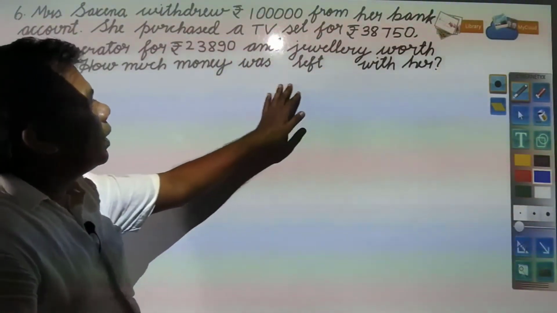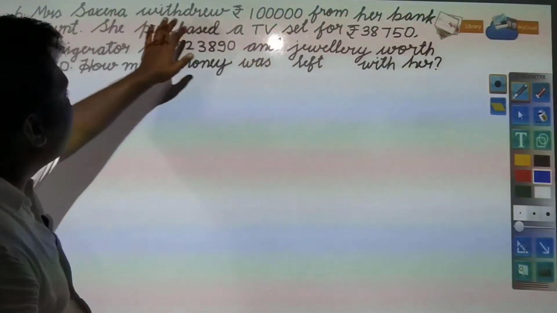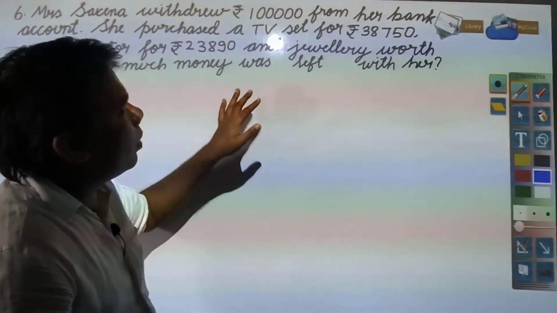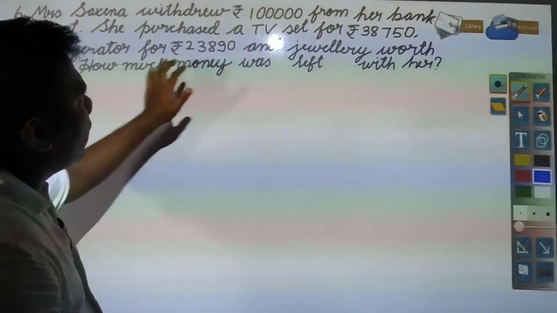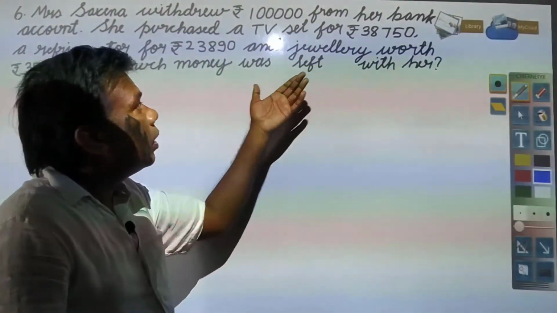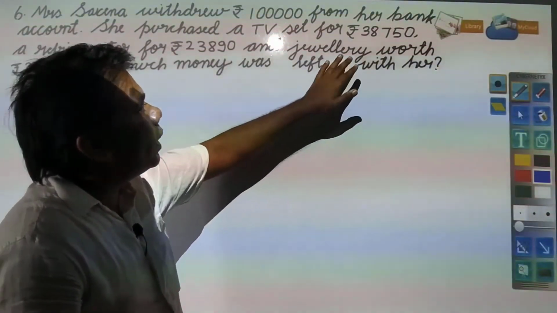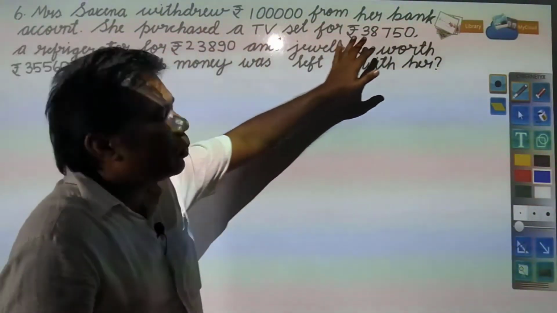How much money was left with her? So you see, she had withdrawn 1 lakh rupees from the bank, and this much money she has spent. So how much money she has spent, that is required to be known first. So for that you need to add these amounts she has spent.